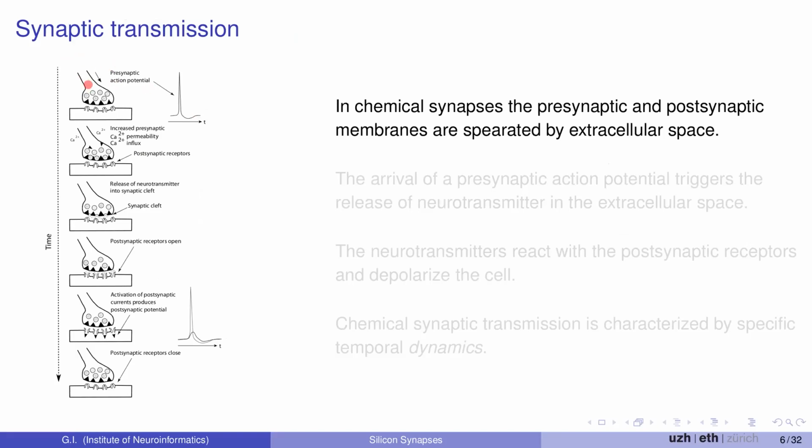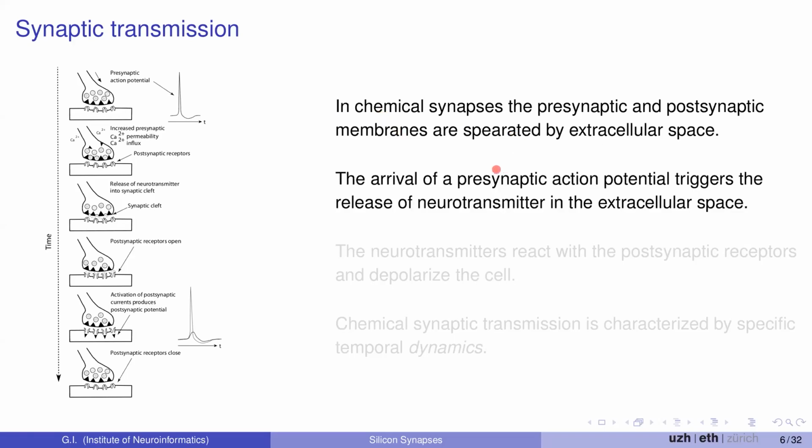It reaches the end of the synapse, the synaptic terminal. It basically pushes these vesicles that have calcium towards the membrane, and the membrane reacts and starts to release calcium in the area between the presynaptic and the postsynaptic, in the extracellular space. So the arrival of the presynaptic action potential triggers the release of neurotransmitter in this extracellular space.